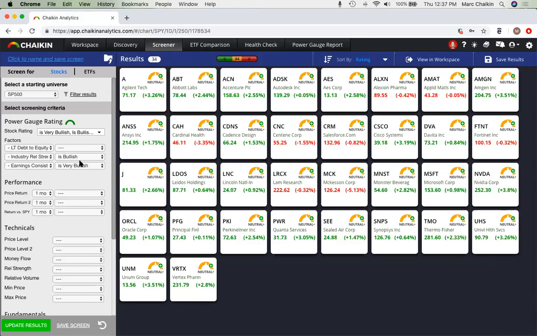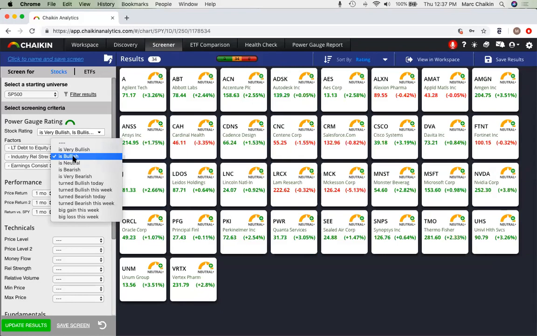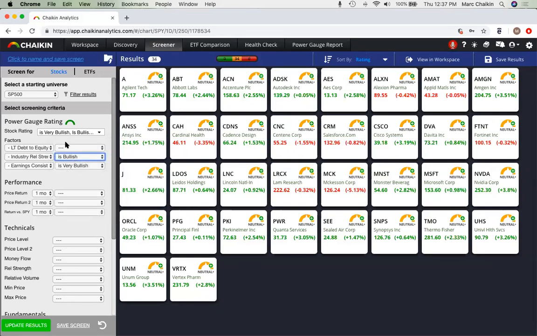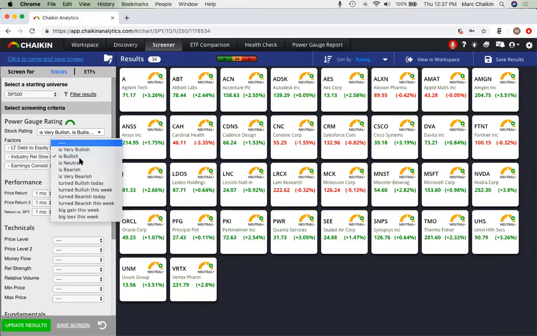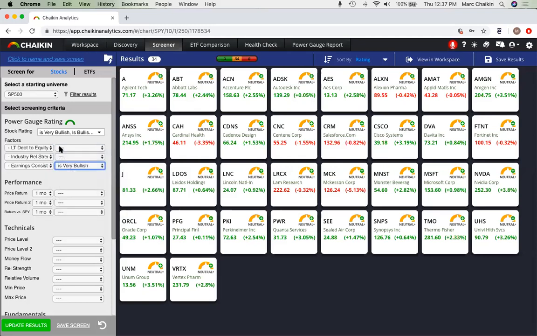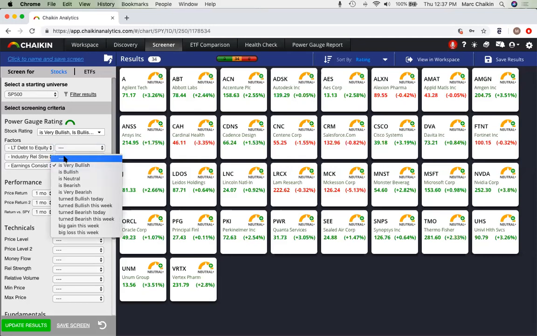There are also stocks that have bullish or neutral plus ratings and strong fundamentals. So which fundamentals did I zero in on? Well, industry group strength. I want industry group strength to be bullish. So let's just gray that out and show you how the screener works.